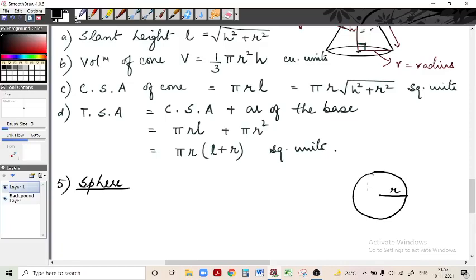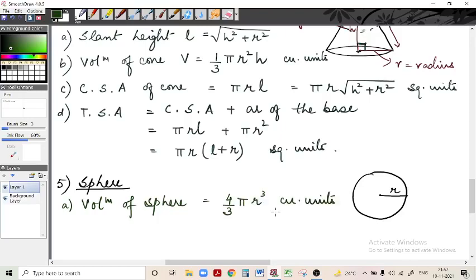In this case, volume of sphere is equal to 4 by 3 pi r cube, cubic units. This is the volume of sphere.